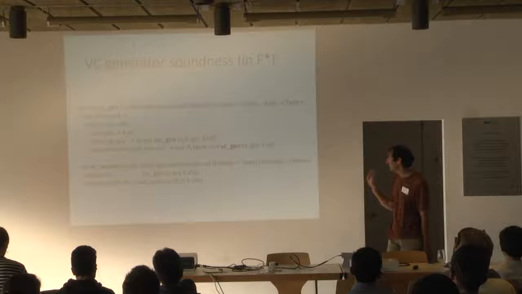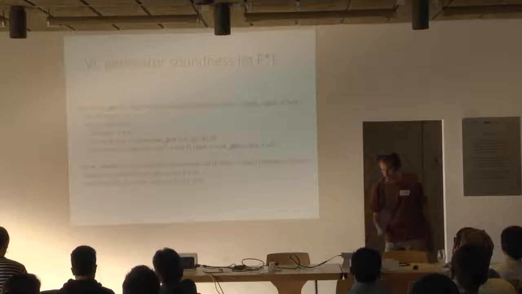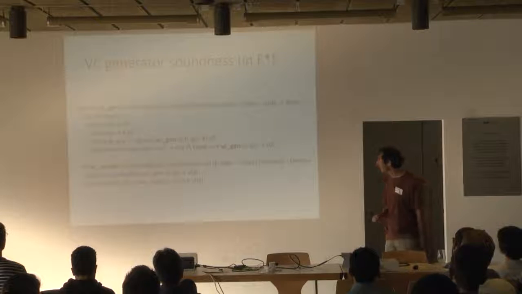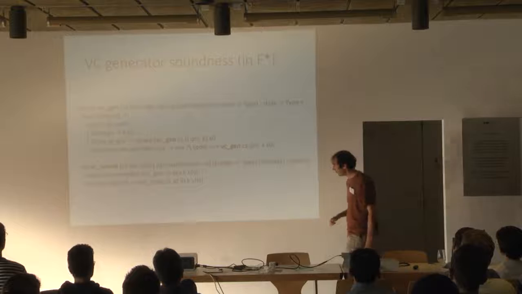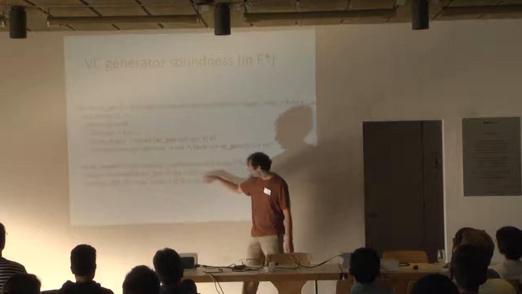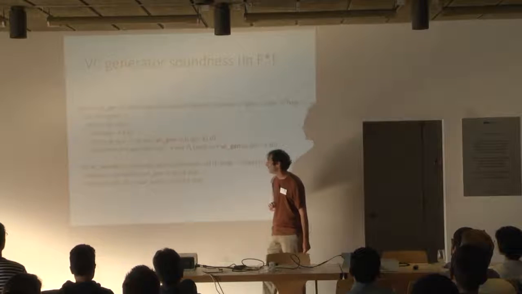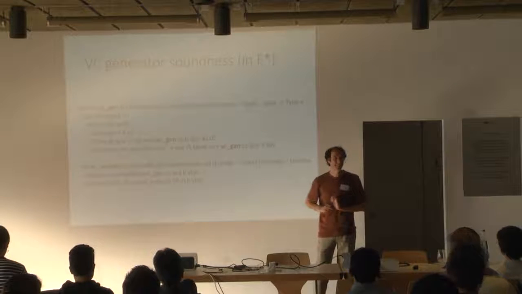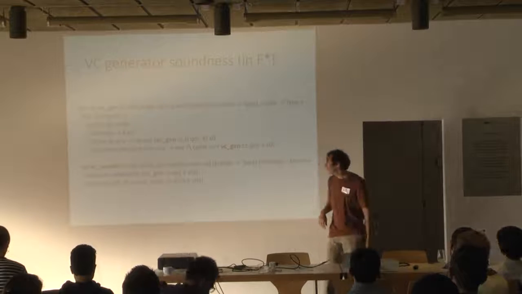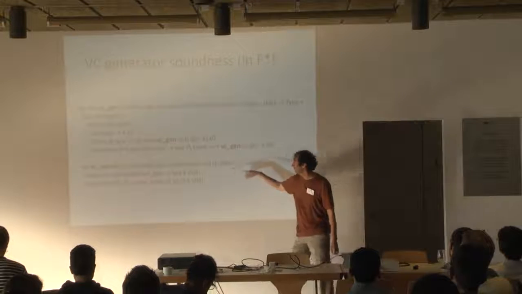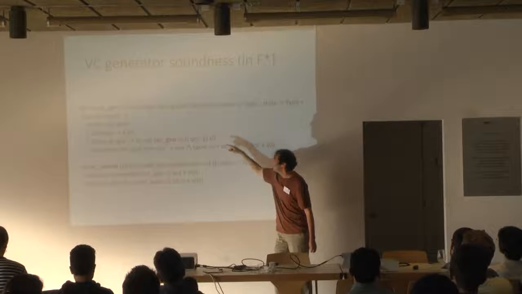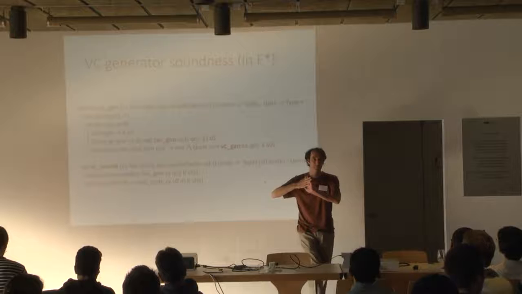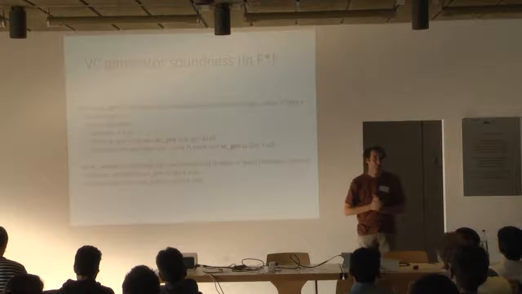There's one more thing here that I want to throw in, which is an F-star feature called normalize. It's a function that says to the type checker, when you're trying to type check something involving this expression, run the interpreter on this expression, please. And what this will do here is to take your particular procedure, pass it in, and then just recursively evaluate this VC generator until it's generated the entire VC.